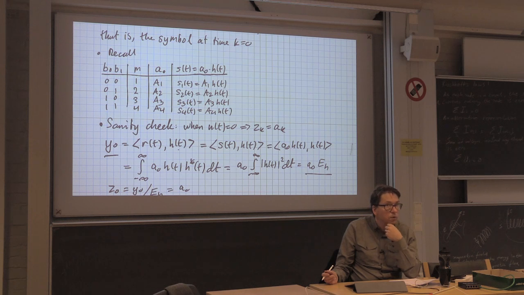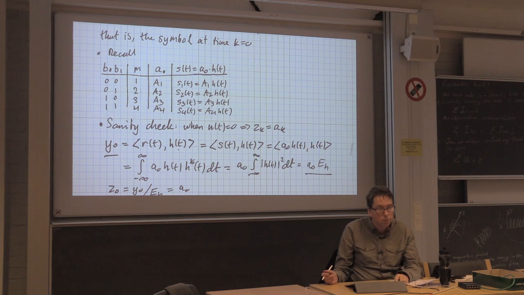So indeed, in the noise-free case, the input to the slicer is the transmitted symbol.